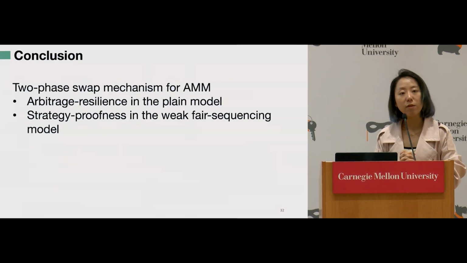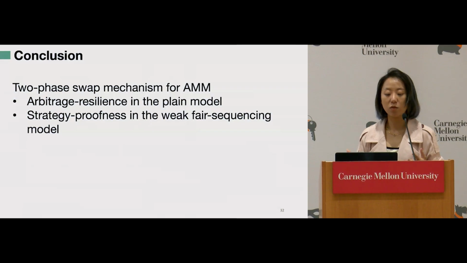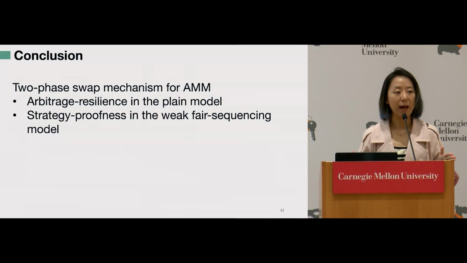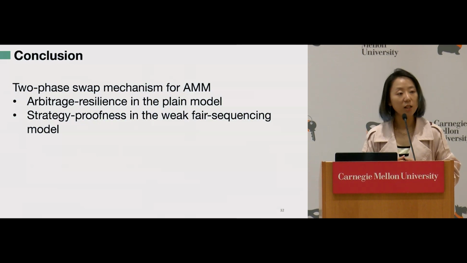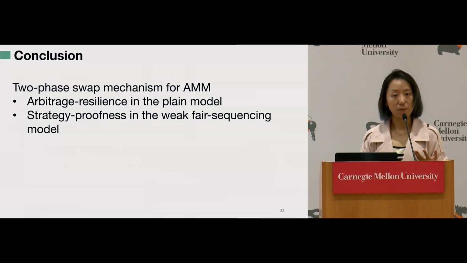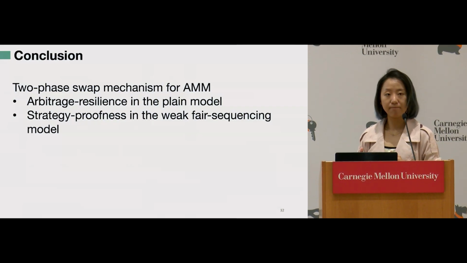So to wrap up, in this work, we introduce a two-phase swap mechanism for automated market makers. In phase 1, we clear a batch and clear one type of orders. And in the second phase, we sequentially execute the remaining type of orders. This mechanism achieves arbitrage resilience in the plain model, so there is no risk-free attack.